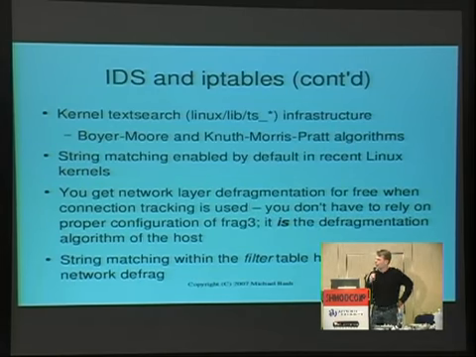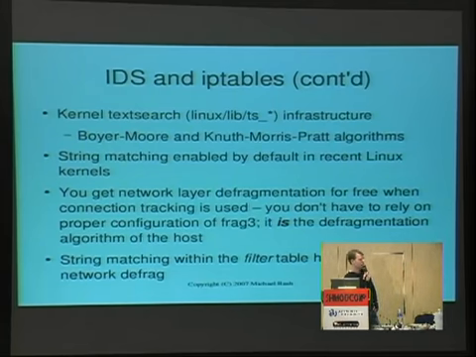So when you combine Netfilter connection tracking with the string match extension, you essentially get network layer defragmentation for free. And this is a nice consequence. If you look at the frag3 preprocessor in Snort, you will see that you can tune the algorithm that Snort uses to defragment network layer traffic.